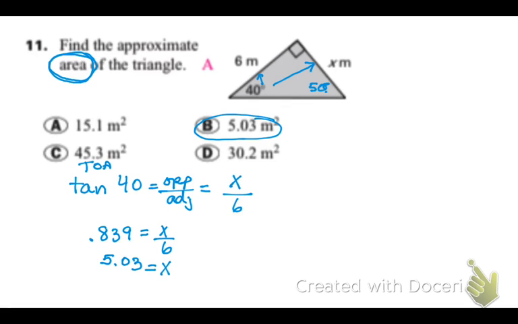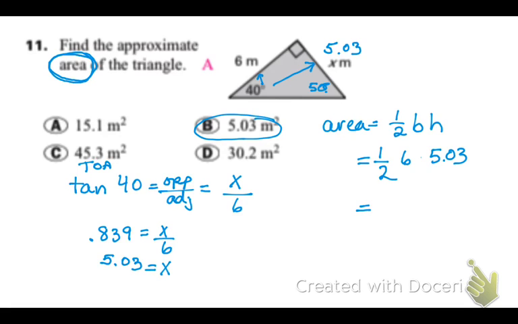Okay, so we know that x is equal to 5.03, so our formula for the area is 1/2 base times height. So it's going to be equal to 1/2 times 6 times 5.03, which, long story short, is going to equal 15.09, and the good answer is A. Remember how with the tenths and the hundredths, if they're close, that's good enough, and we got 15.09, and it's closest to 15.1.